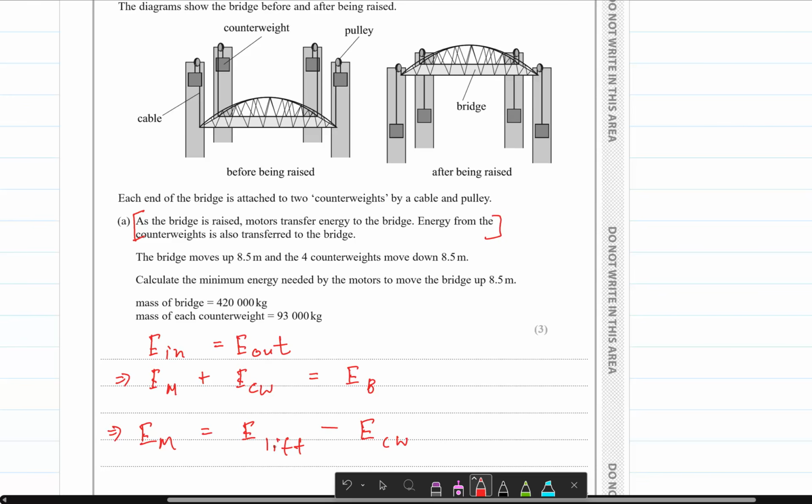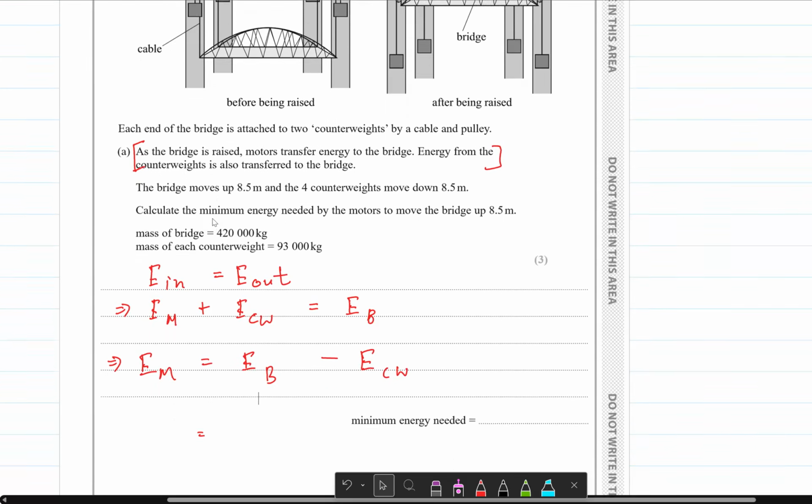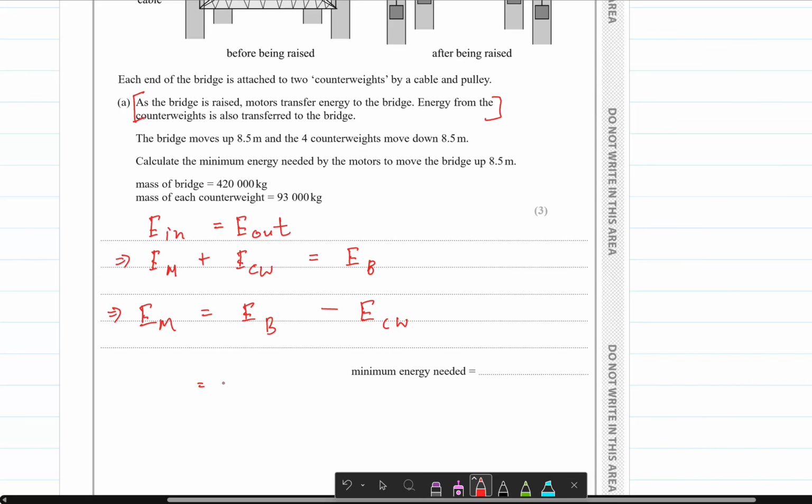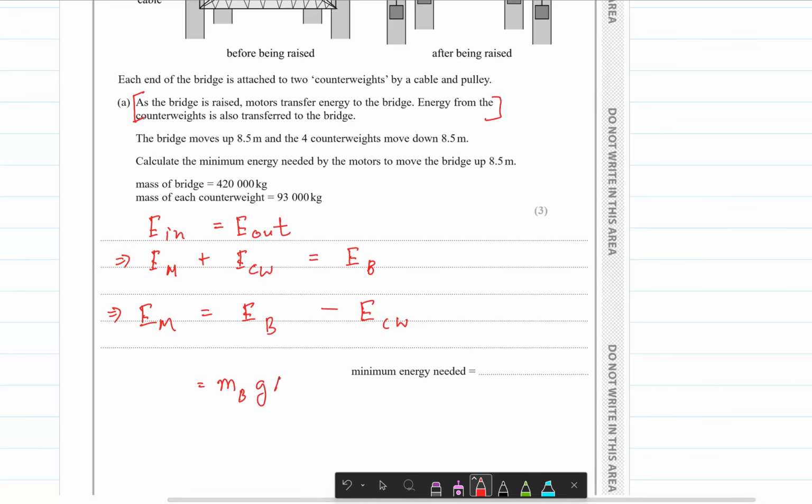Both the bridge and the counterweight have gravitational potential energy. So I can say mass of the bridge times the gravitational constant times the change in height, minus mass of counterweight times g times the change in height.